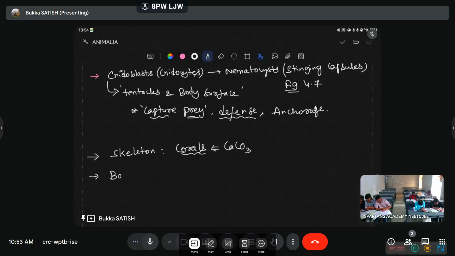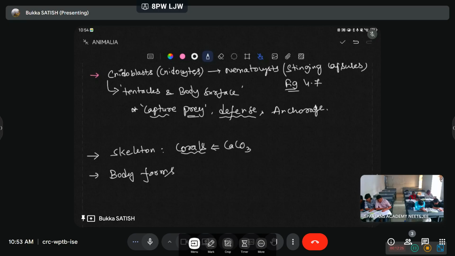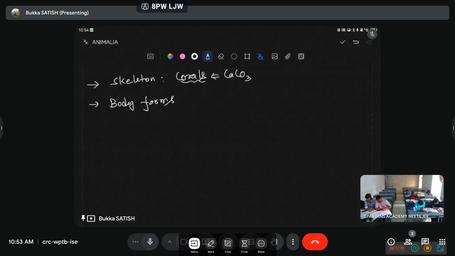Next, body forms. As you see, the hydra consists of a body which is cylindrical, attached to the substratum. This is how the body will be, attached to the substratum.